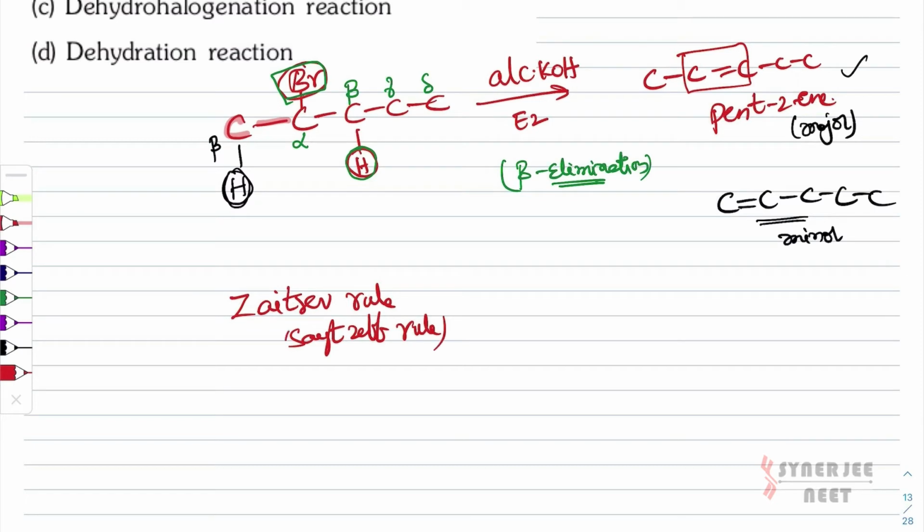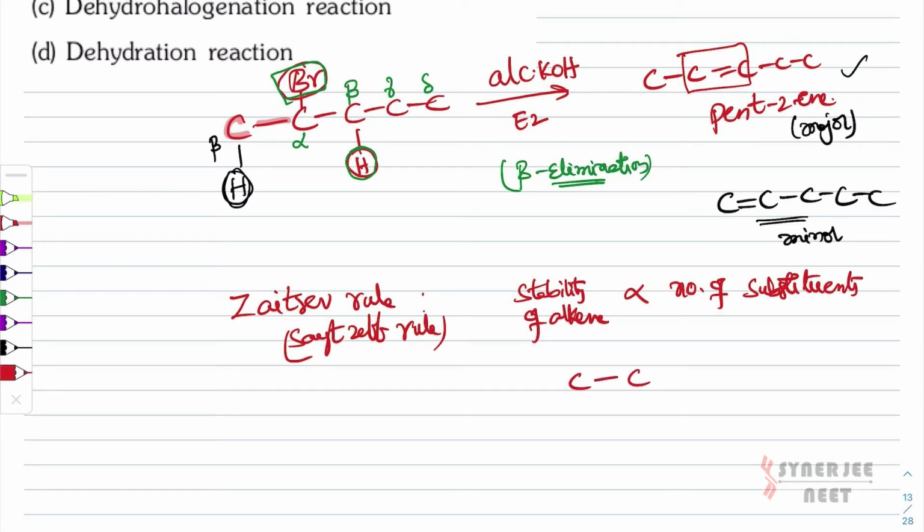It says that the alkene with more number of substituents is more stable. The stability of alkene is proportional to the number of substituents. More substituents, more stable. For example, 2-pentene, if you take, look at the double bond carbons.